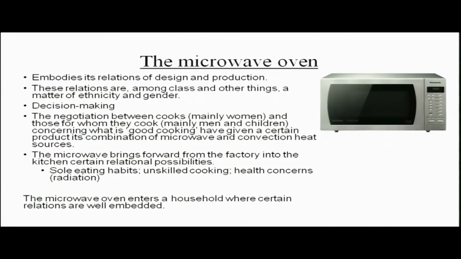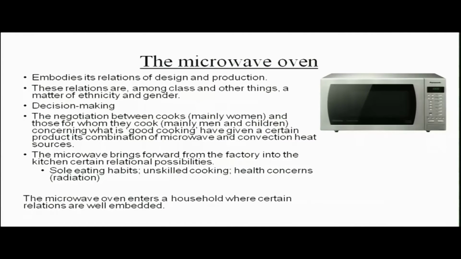So once you have introduced a technology such as a microwave within the domestic sphere, you may have a change in eating habits, you may have health concerns such as radiation, etc., with the introduction of technology within the domestic space. So finally what happens is, in this case, the microwave oven enters a household where certain relations are already well embedded.